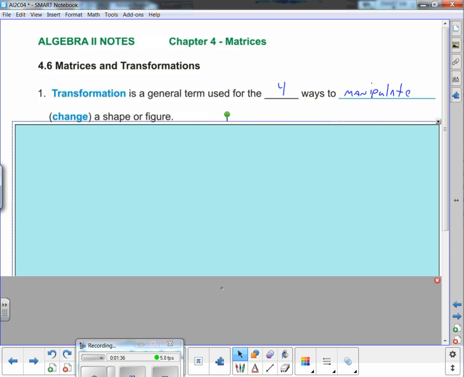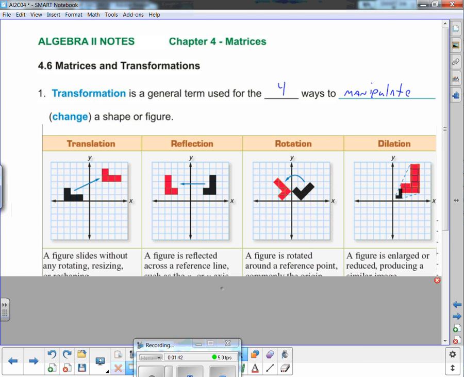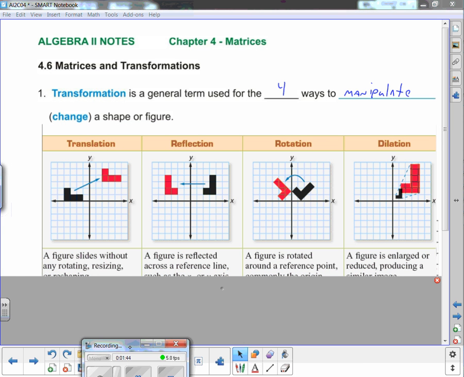All right, let me show you all four of them here. And the last one is rotation. You might want to write those in right after the word figure. Just write the four of them.